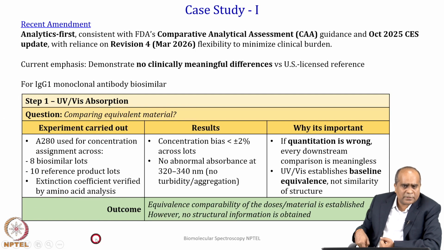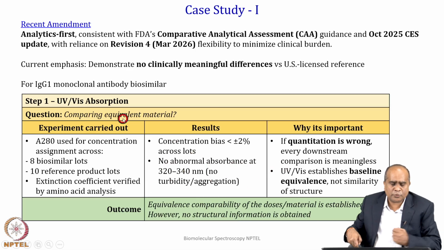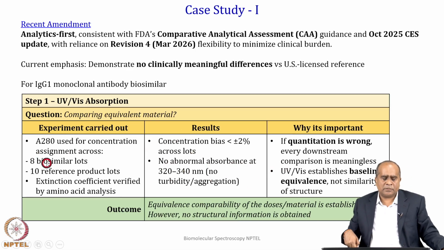You can do this robustly. If you are getting a very close comparison, then the concentration bias is less than 2%. No abnormal absorption happens because of aggregation; no turbidity, no aggregation. That shows that your biosimilar lot and reference lot are the same.